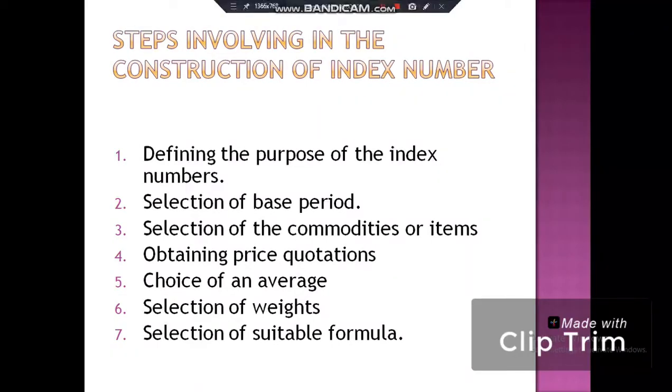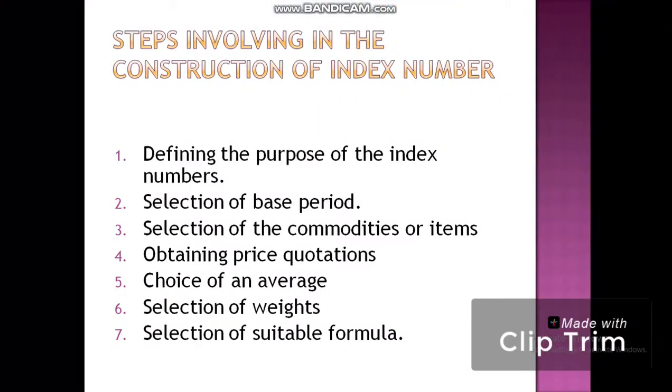We usually know that the price of any item or commodity varies from one place to another place, and not only from one place to another. Many times the prices will not be the same in different shops of the same place.